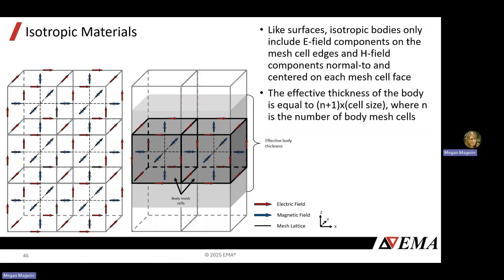You mesh that, you have 3 cells in the thickness, but what the solver will actually see is 10 times 3, so 30 millimeters for the thickness, plus half a cell above and below, so plus 10. The solver will actually see a 40 millimeter thick body.